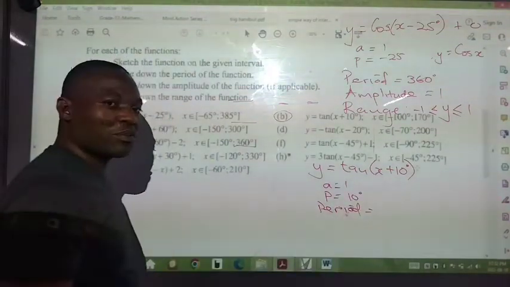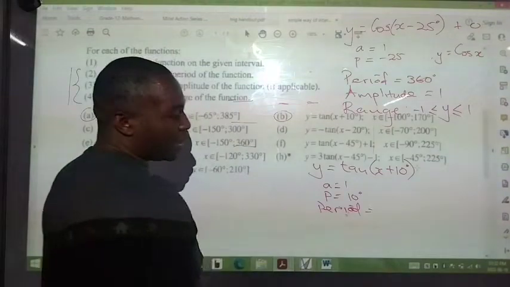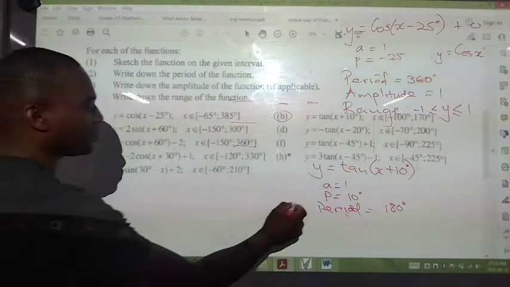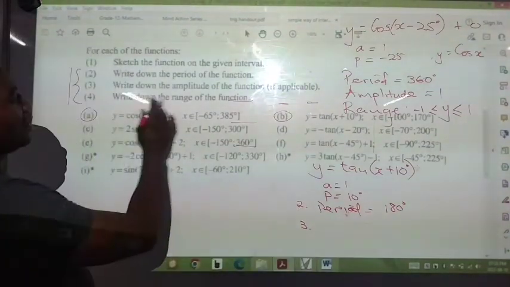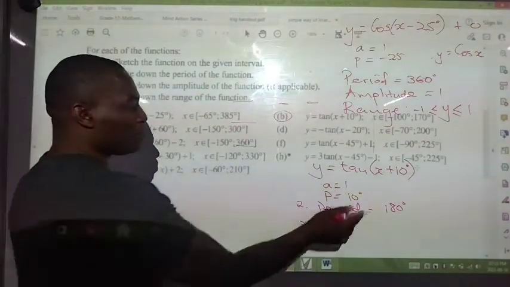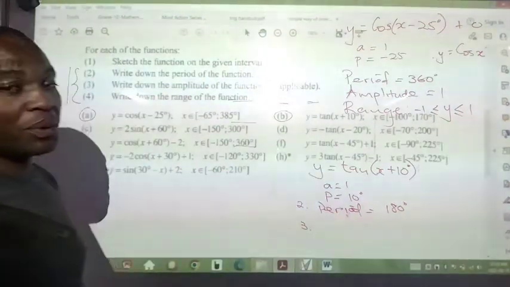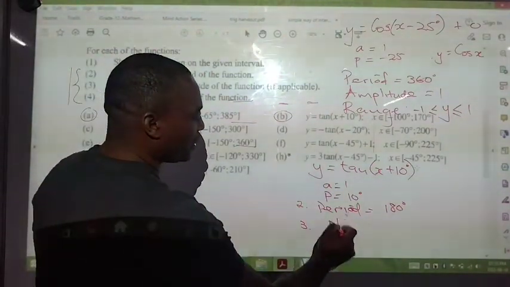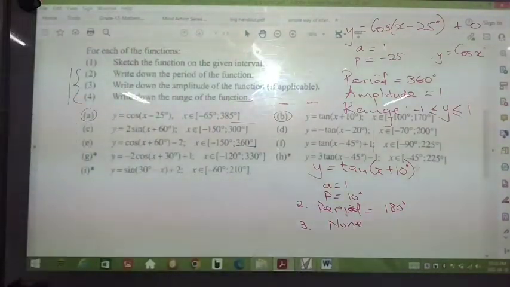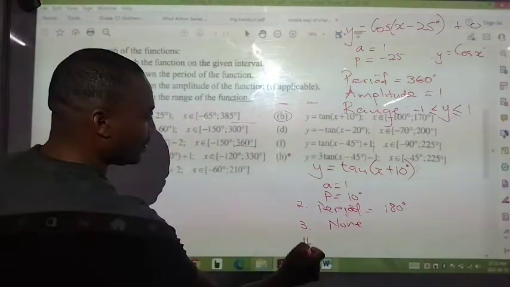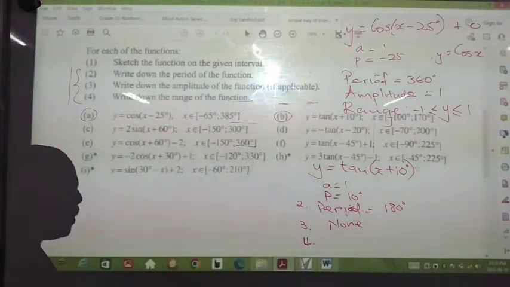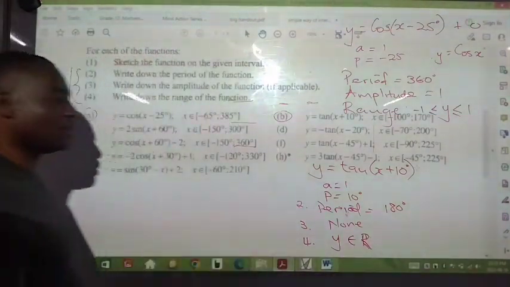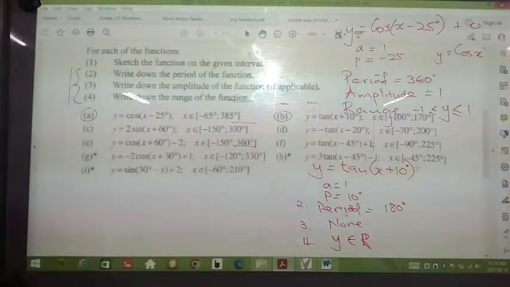So we take the period of the basic graph, which is y is equal to tan x, which is 180 degrees. Number 3, the amplitude. We know that the graph of tan does not have an amplitude because it goes from negative infinity to positive infinity. So the amplitude we don't have. Number 4, the range. Since it's going to positive infinity and negative infinity, we are simply saying y is an element of real numbers.